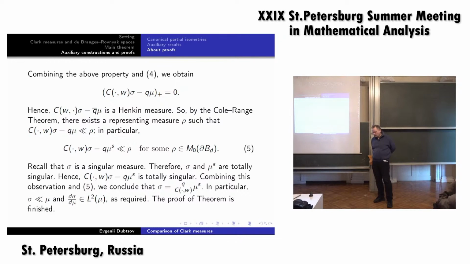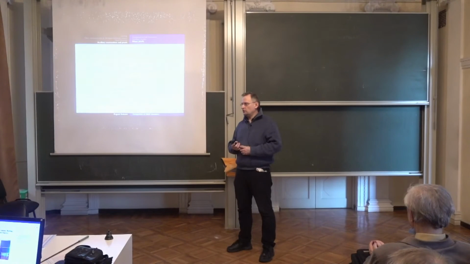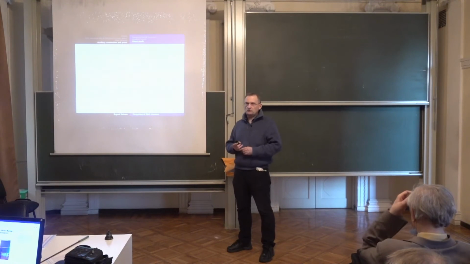Okay. So the operator part of the Clark theory, its analog, is not exactly in this area of Clark measures in the ball. In the ball, we have to consider the setting that is close to operator theory in several operator variables.